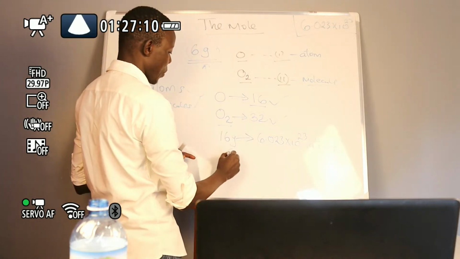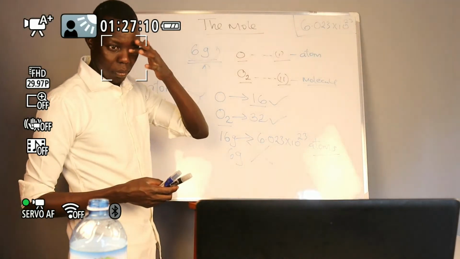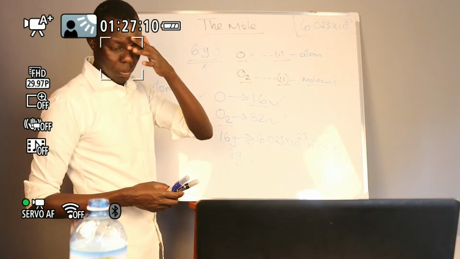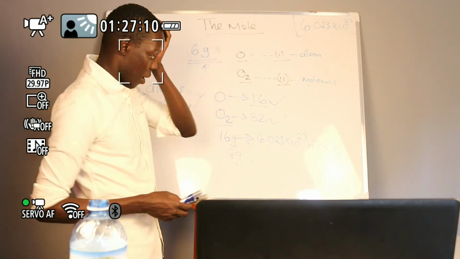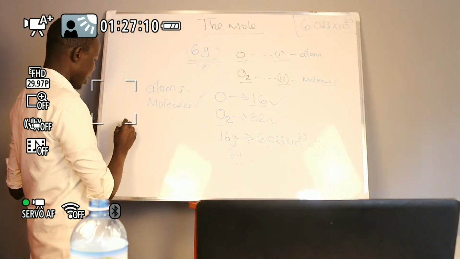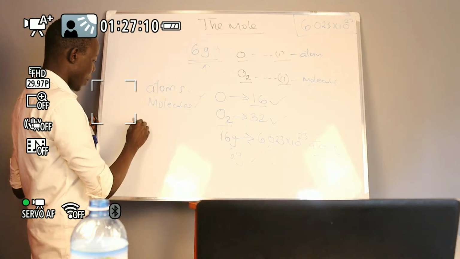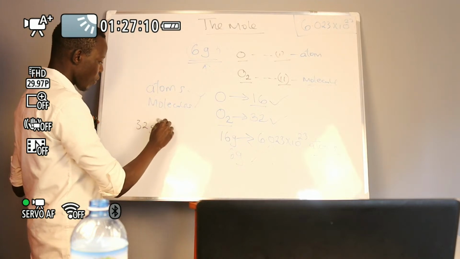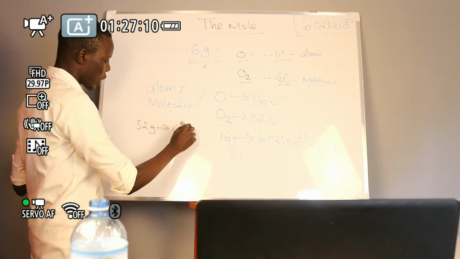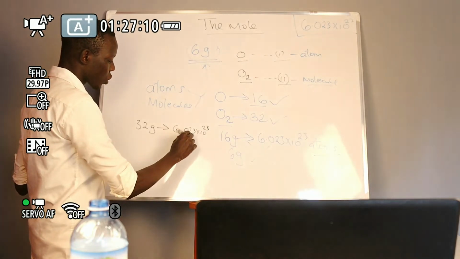What about 6 grams? If you have to calculate the molecules, I will not say 16 grams, but 32 grams contains 6.023 times 10 power 23 molecules.